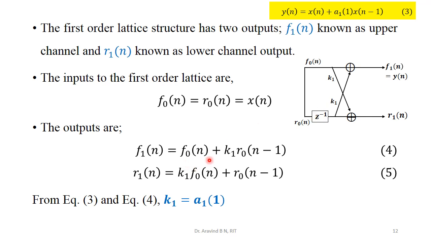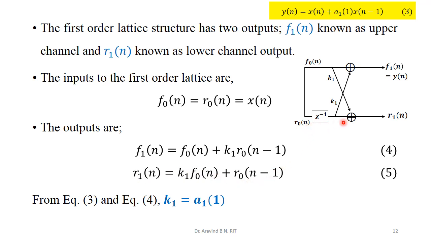That is what is written over here: f1(n) is equal to f0(n) plus K1 r0(n minus 1). If r0 and f0 are the same, then I can derive the further expression also. We'll go through that next. Then writing the expression for r1, here is the expression, and we will have a similar expression.